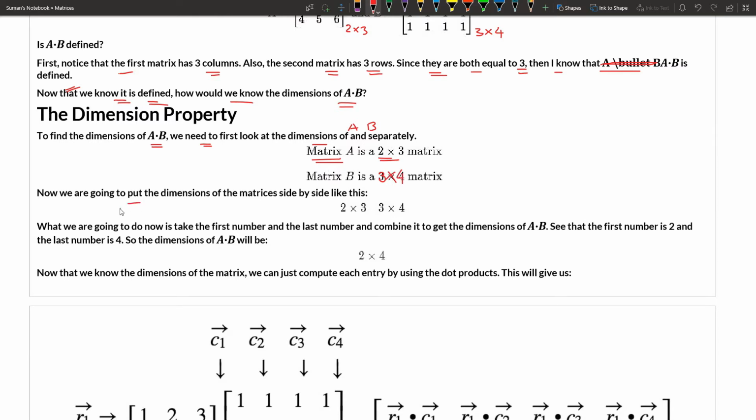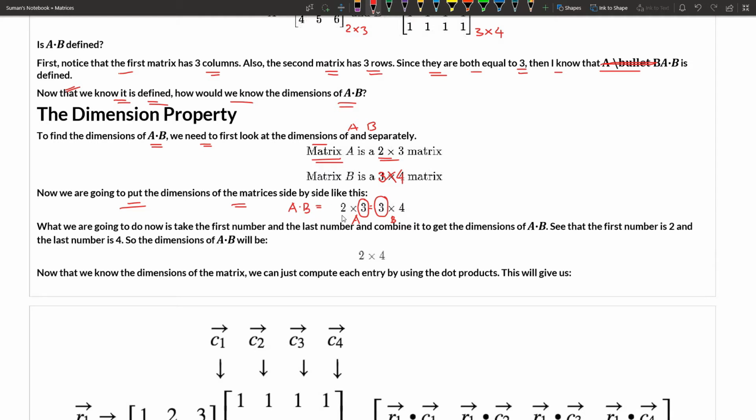Now we put the dimensions of the matrices side by side like this. Matrix multiplication is possible when the number of columns in the first matrix is equal to the number of rows of the second matrix. Here both are 3, so matrix multiplication A dot B is possible.